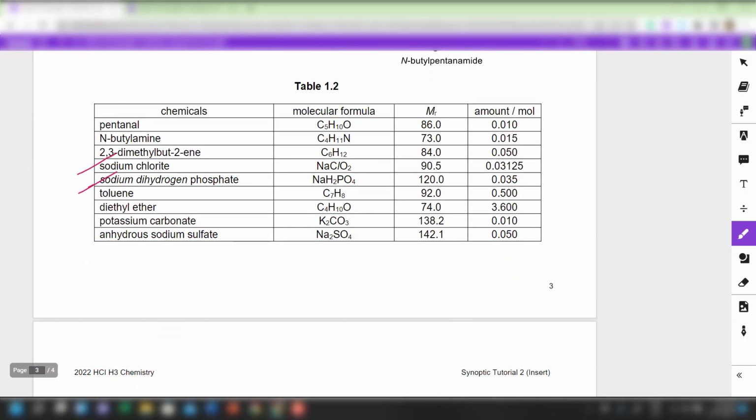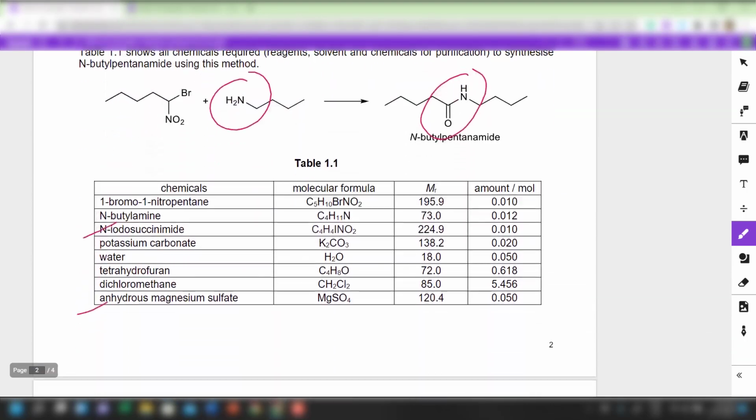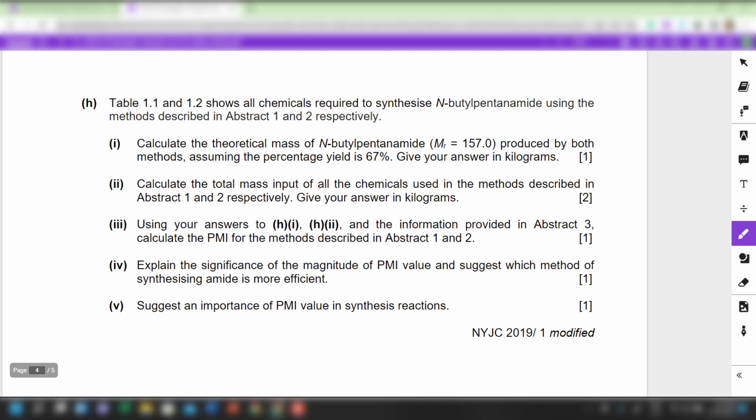We are looking at these two tables, a lot of data given to us. We are supposed to calculate the theoretical mass of N-butyl pentanamide produced by both methods, assuming the percentage yield is 67%. We are supposed to leave our answers in kilograms.